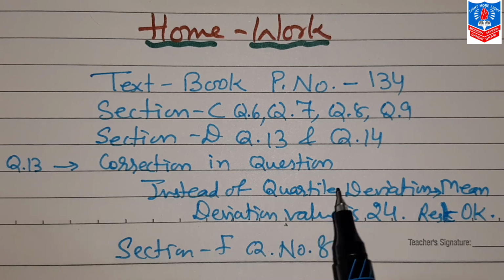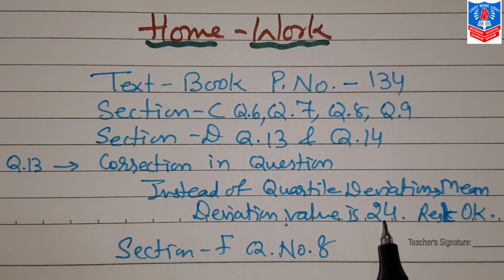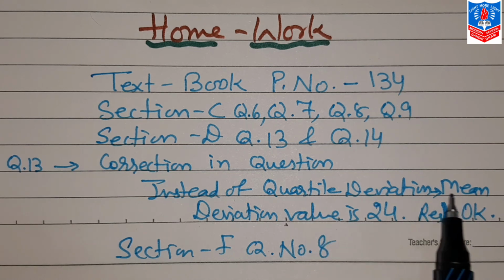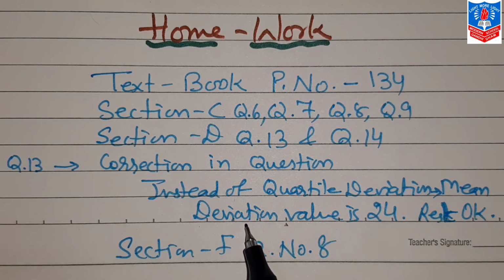In the question, where quartile deviation is written, the value given, 24, is of mean deviation. Rest everything is the same. So in place of quartile deviation, write mean deviation. And section F, question number 8. These are a few sums which are connected with all these short sums. So do them. This is the end of this session.